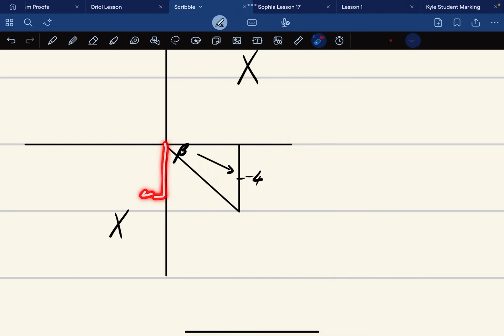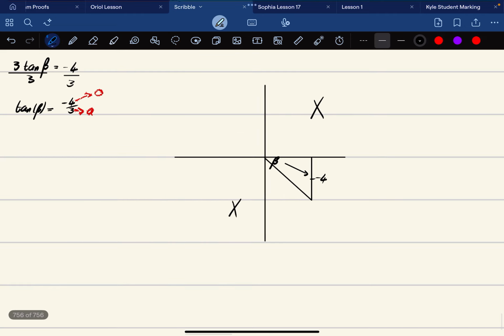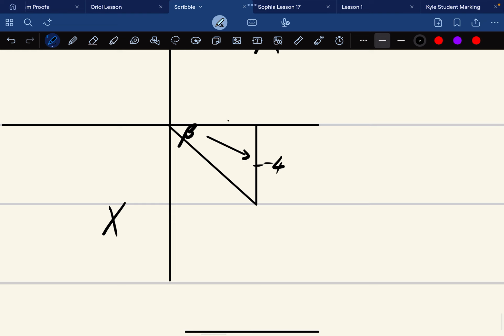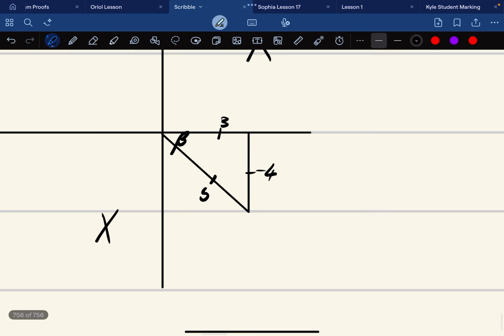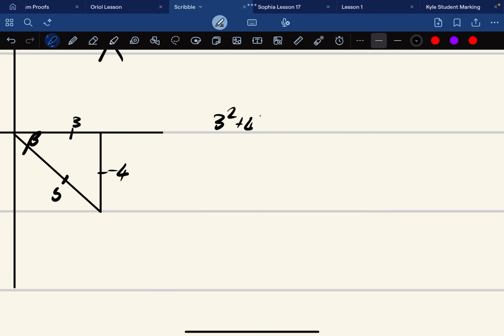So this is going to be -4. And then our adjacent is 3, which means our hypotenuse is again going to be 5, because 3 squared plus 4 squared is equal to 5 squared. Therefore, our hypotenuse is equal to 5 units.